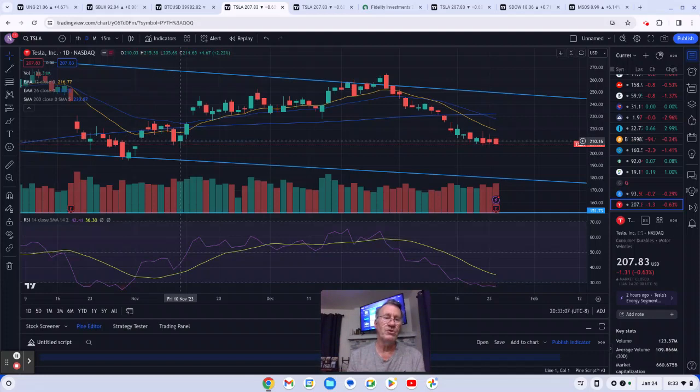We already blew through that, and over the after hours trading it was down right in this area. So this is really the last line to hold before we potentially have another 10, 15% downside if we don't hold this area, in my opinion.